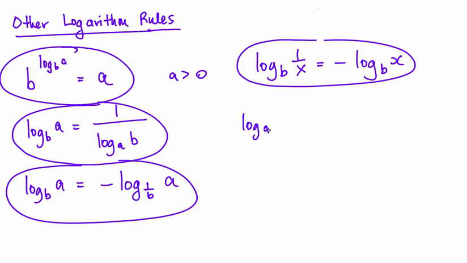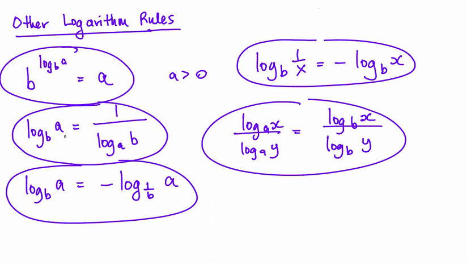Log base a of x over log base a of y. This looks similar to the change of base rule. In fact, it is. You can change it to any base. So if you want to switch bases and it's already in that change of base rule, you just kind of switch the bases.